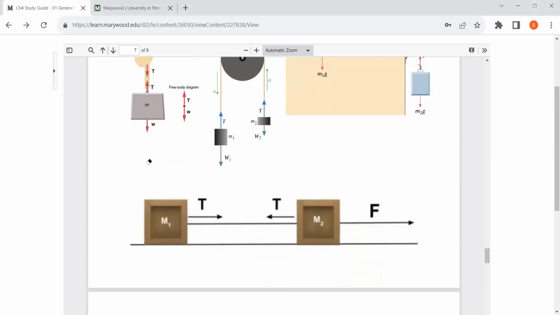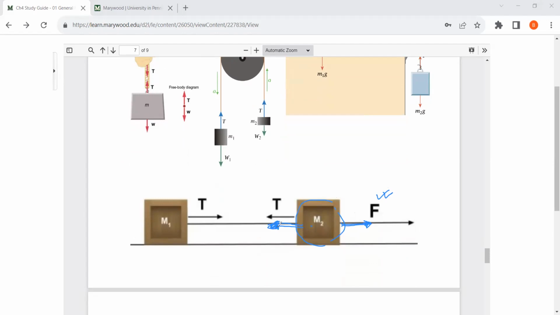Here you see this is the applied force on this object. The tension force is opposite to this applied force. So in this object, this is the applied force, and the tension force is this one.